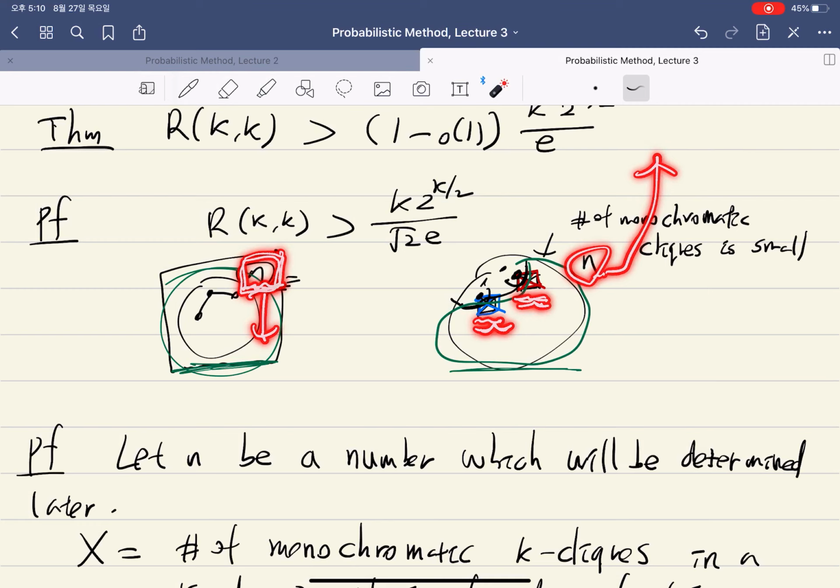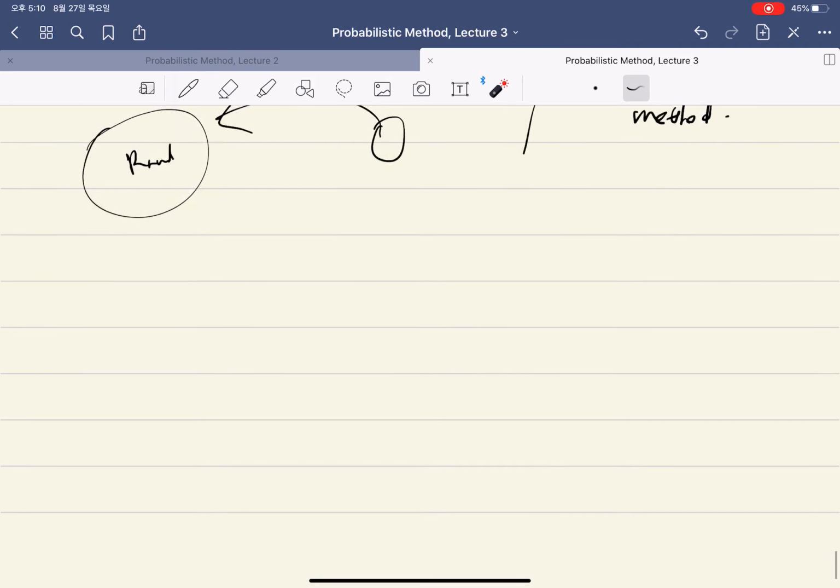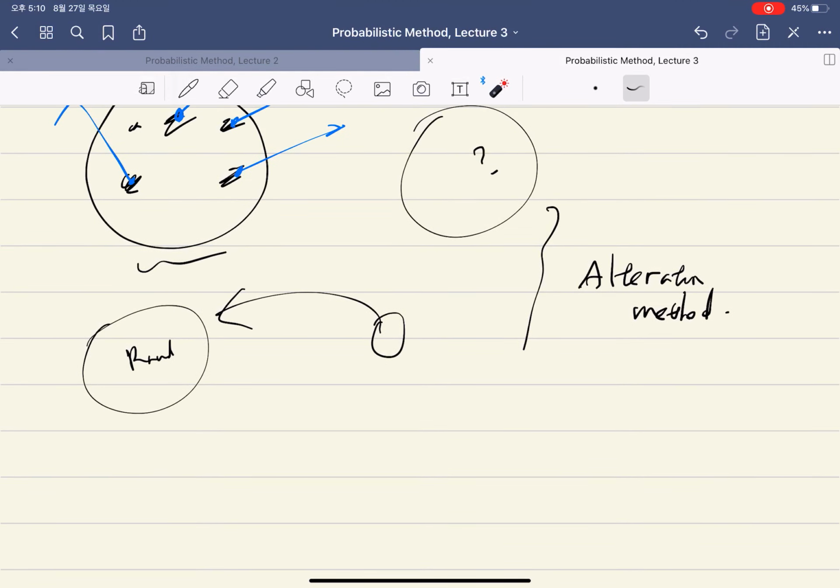And this imperfection can be dealt with by hand. So that allows us to get a bigger monochromatic clique bound here. So in lots of cases, when we want to prove some bounds, instead of considering a purely random object, if we make some alteration, then you actually get a better bound.